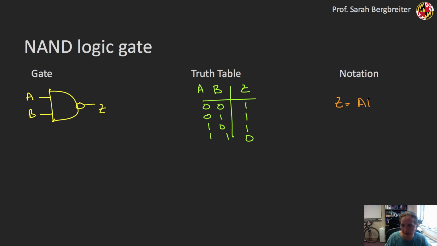I would have my AND here, and then I just invert it. So I could also do this as a combination logic circuit, as an AND with an inverter after it, and I would get the same exact functionality. Right? And this is where that notation comes from, but we make NAND gates separately from having to do this, and so this just makes everything a little bit easier.